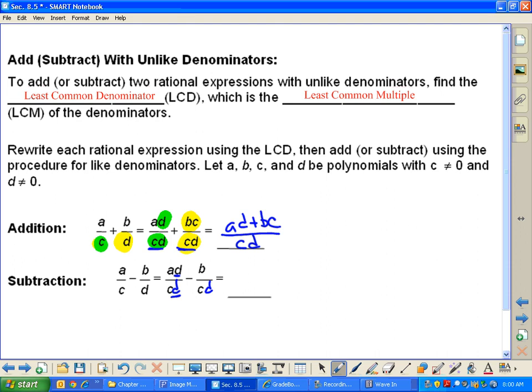And in the second fraction, I multiplied by a factor of C, so I have to multiply by C on top. And then you just subtract: AD minus BC over CD. So that's how your textbook editors show you how to add and subtract fractions, but I'm going to show you a couple of examples to help you make sense of that process a little bit.